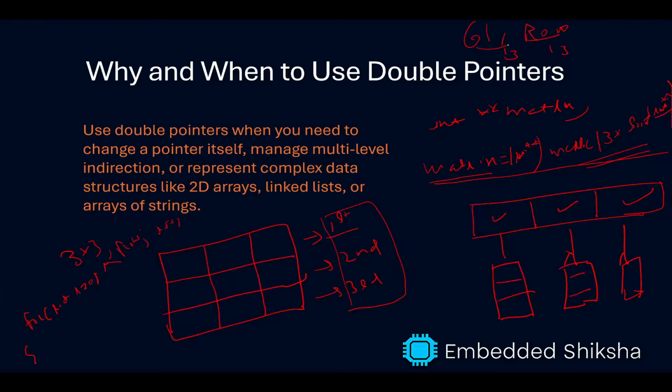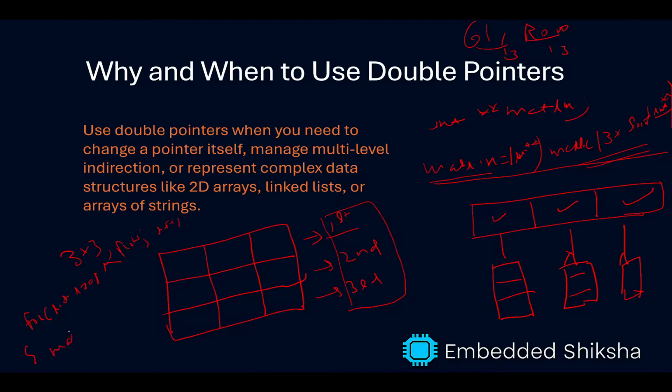Let's say in this example it's 3, so you are going to store 3 integers in a single row. So you need to allocate the memory for 3 integer variables.